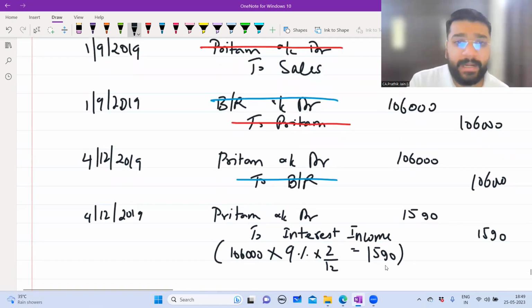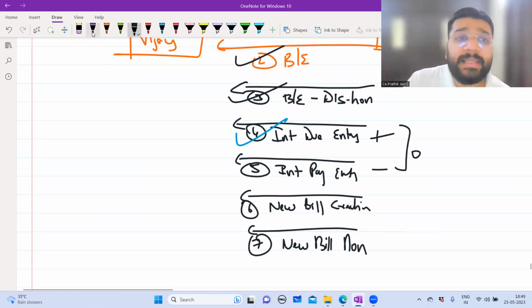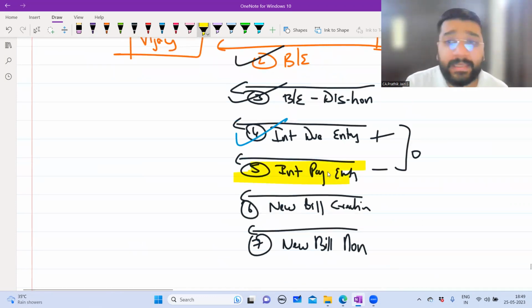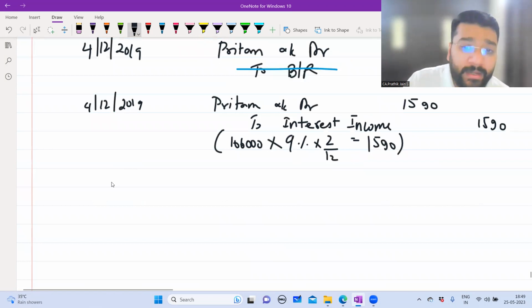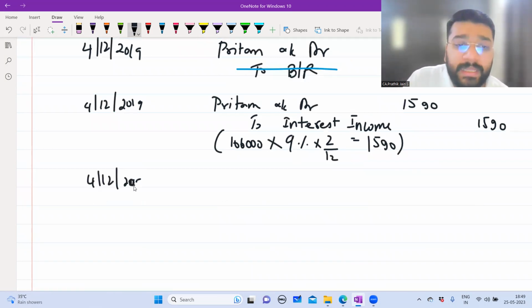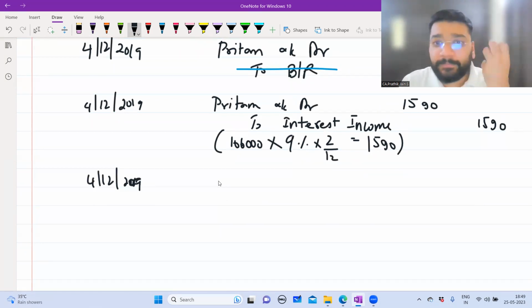Now the question very clearly says that the interest is being paid on the spot, immediately. The opposite person is paying and we are in the receiving end. So on the same date, 4th of December 2019, we are going to receive this money. What is the receipt entry?